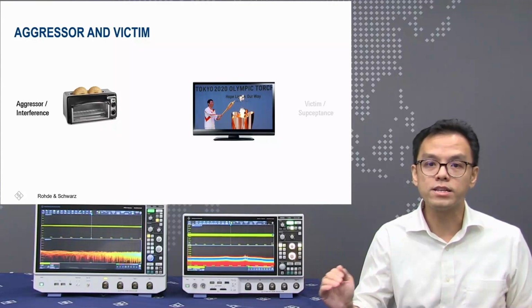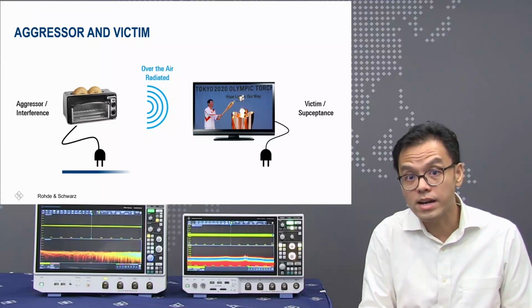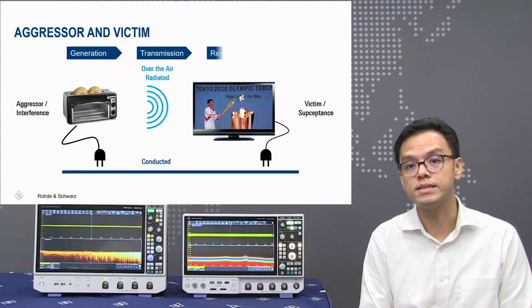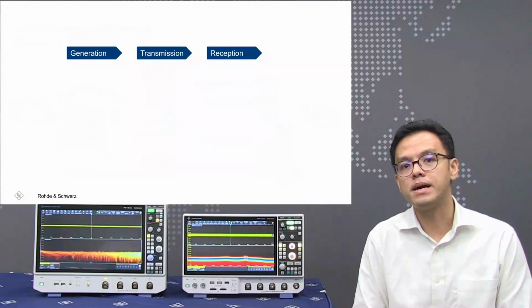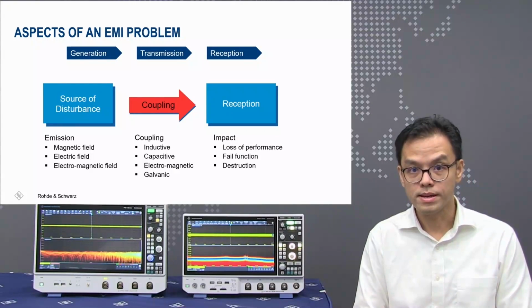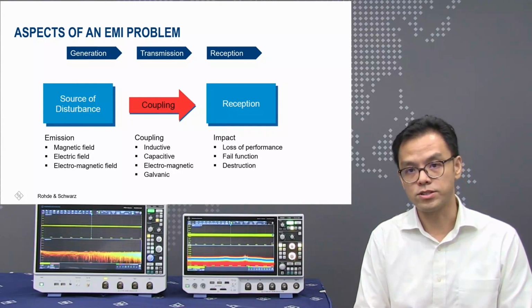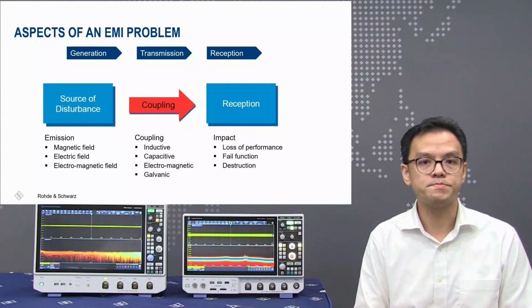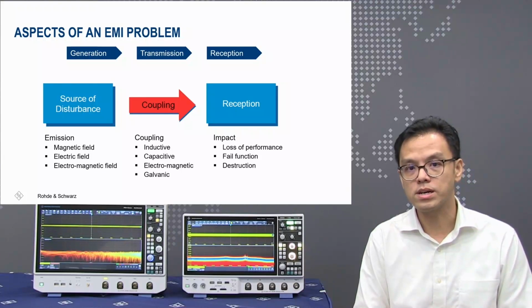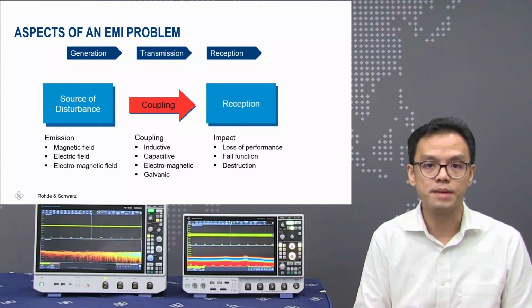Interference can propagate through the air or travel via shared electrical lines between the devices. The source of disturbance can be a magnetic or electric field, and it can couple in various ways. Ultimately, it reaches the victim device, impacting its performance or potentially causing failure and damages.